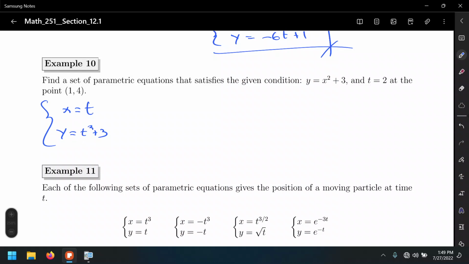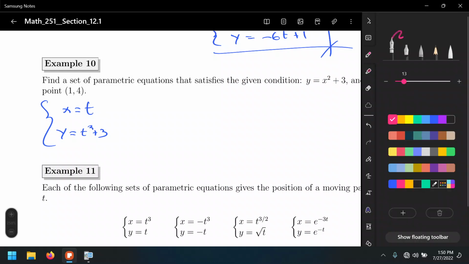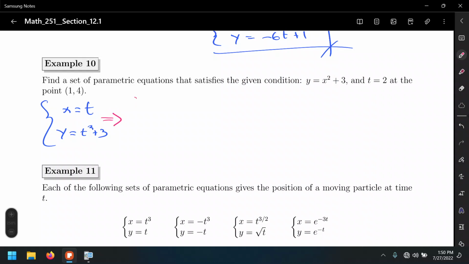However, is it true that at t equals 2, we have the point 1 comma 4? Let's verify that first. So for example, x equals 2 and y equals 2 squared plus 3, that's going to give us 2, and 4 plus 3 is 7. No, we have the point 2 comma 7, so we need to parameterize the equation in a different way.